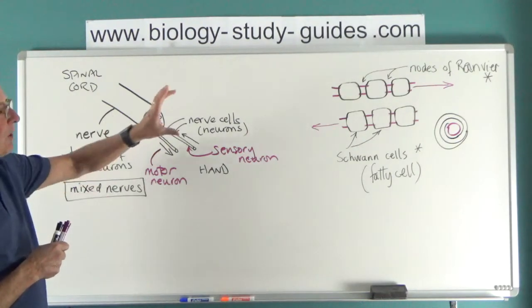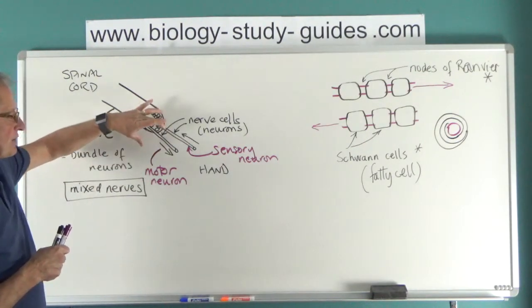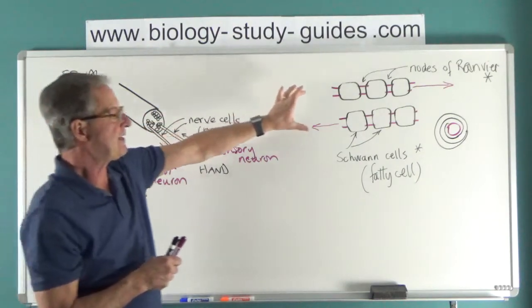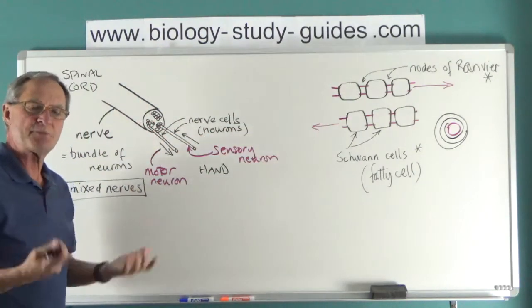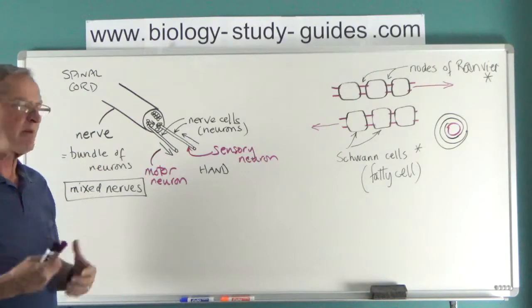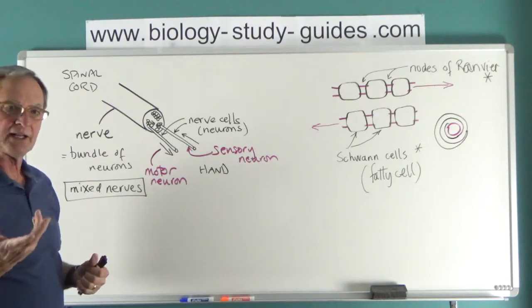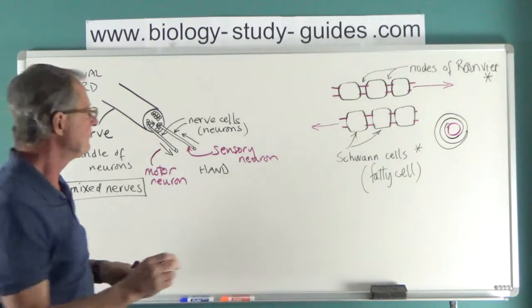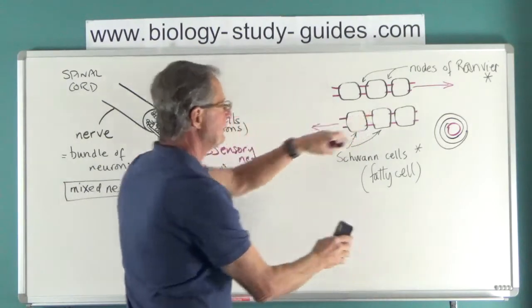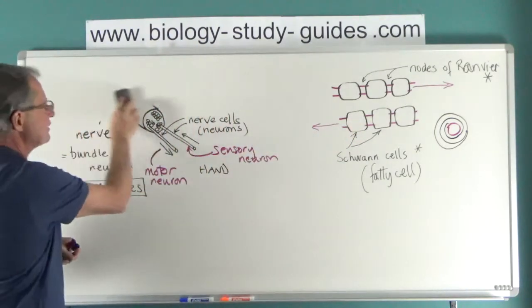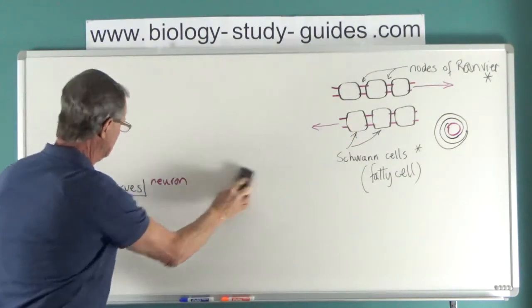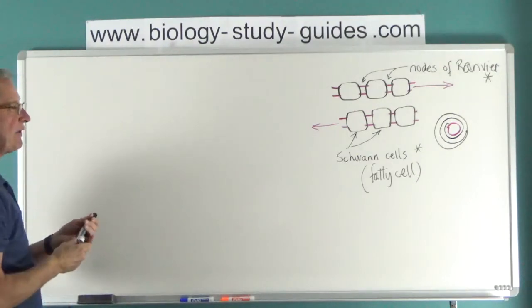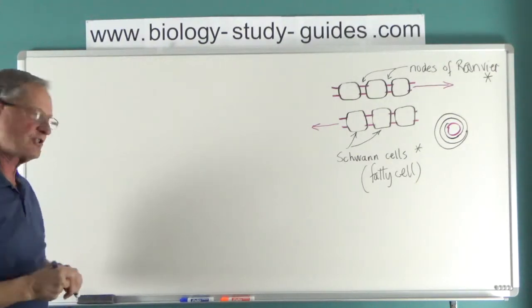Now, obviously, motor neurons and sensory neurons, if they look the same at some point, there must be differences between them at some other point, and that's what I'd like to get to now. I can leave this here for now. I'll use this space and represent a sensory neuron.